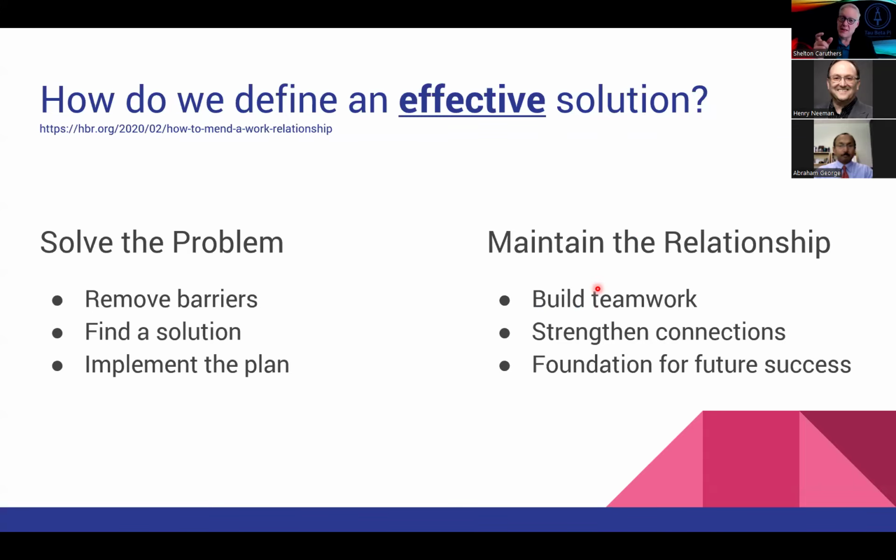We work within the boundaries, we work within the rules, we build teamwork, we strengthen the connections, and it's a foundation for future successes as well. So, an effective solution is not just removing the obstacle to solve the problem, but it's also about maintaining the relationship. And especially when we're talking about interpersonal problems, it's the relationship between the people. So an effective solution is both this and that.